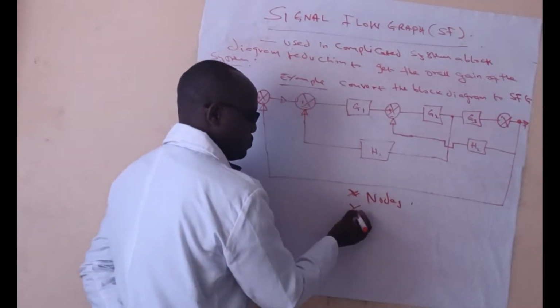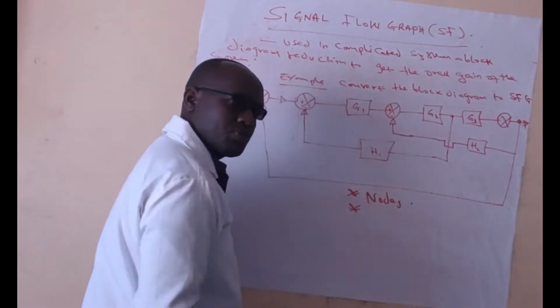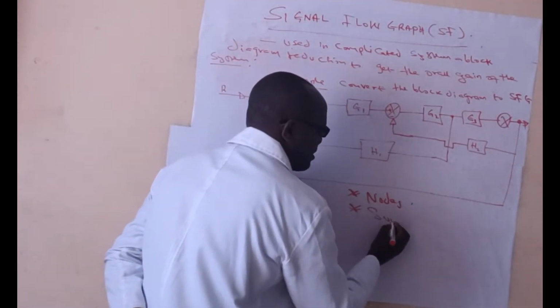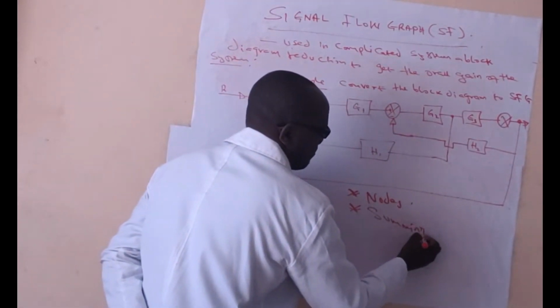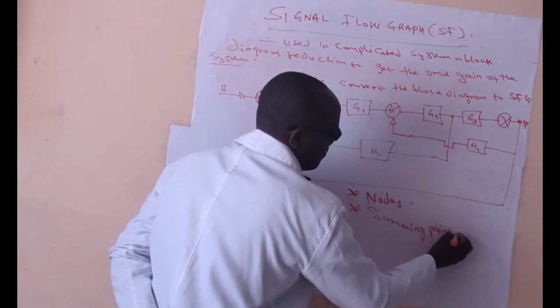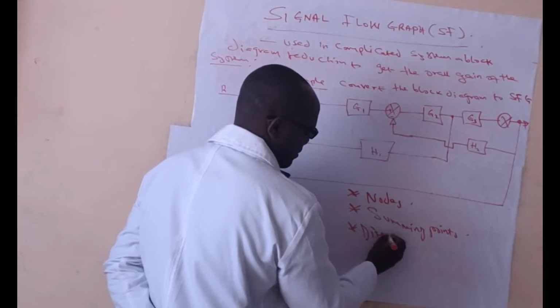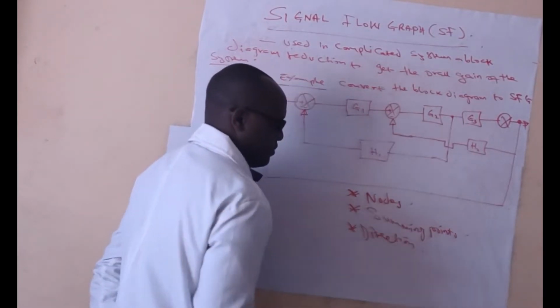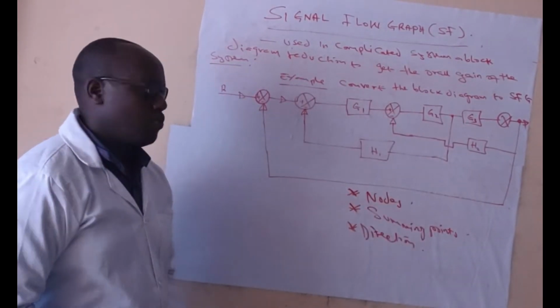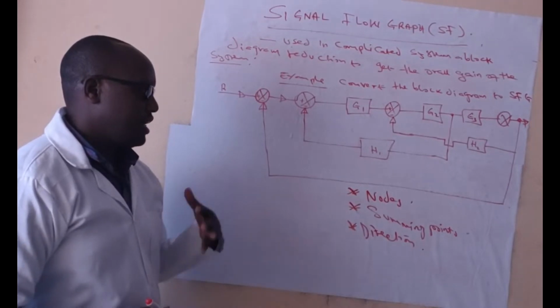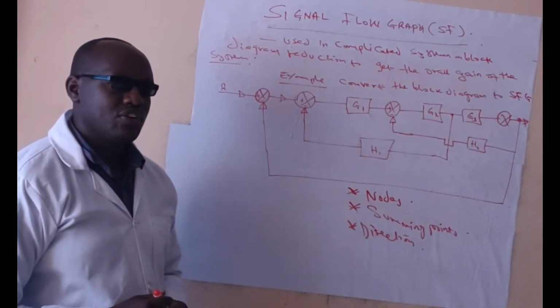Number two, the summing points. And then lastly, the directions. Those three will guide us to come up with a signal flow graph.